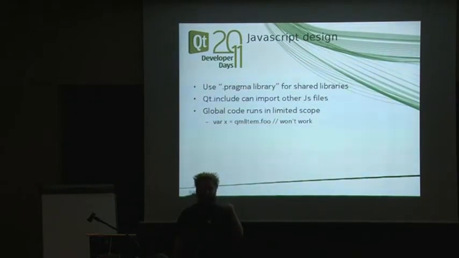But the JavaScript file will be one of the first things created, and one of the first things in the JavaScript file is that your global code is going to be executed. For example, that X is going to try to evaluate and assign the value. That's not working because the QML item is part of this QML file. You have imported this thing, and it's not created yet.